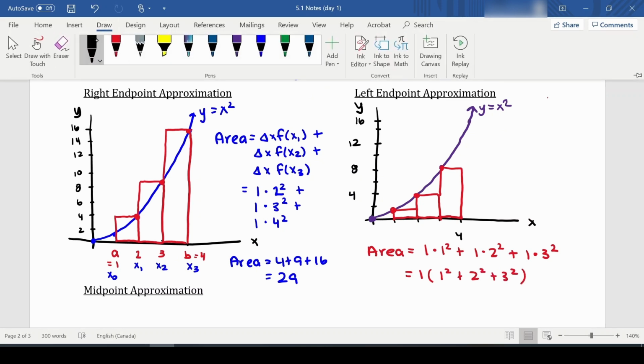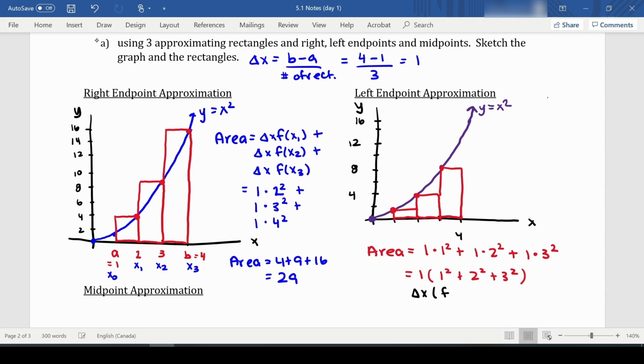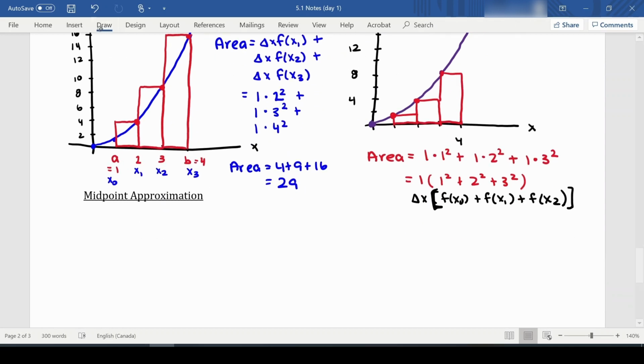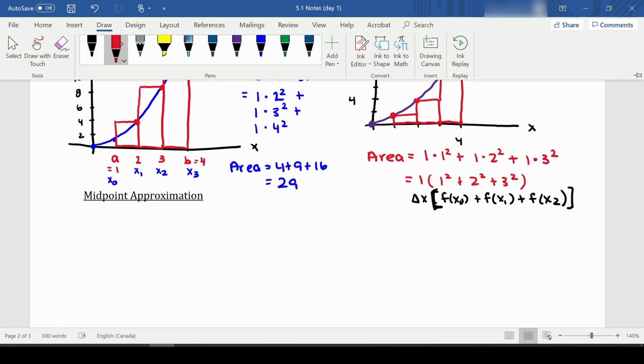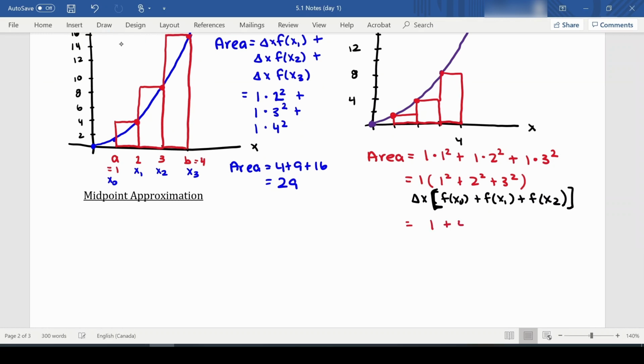This is my delta x, and this is my f of x0 plus f of x1 plus f of x2. That gives me 1 plus 4 plus 9, or 14.